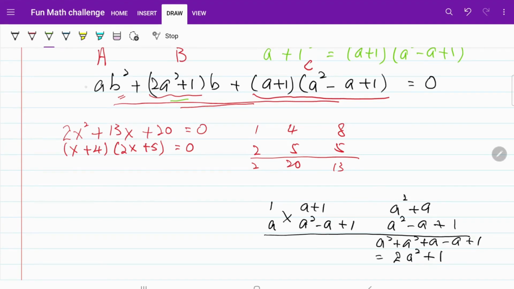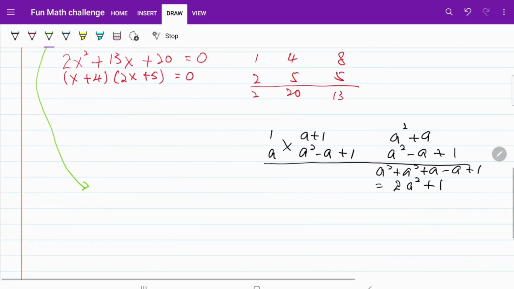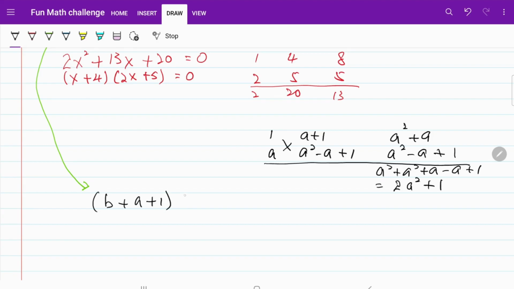From here, I'm going to rewrite our quadratic equation in its new form. So what I have now is (b + a + 1)(ba + a squared minus a + 1) equals to 0. Let's work each of them out separately.